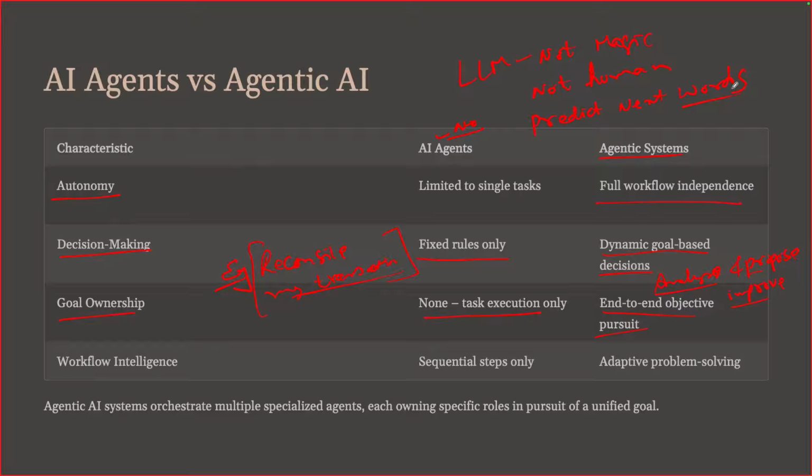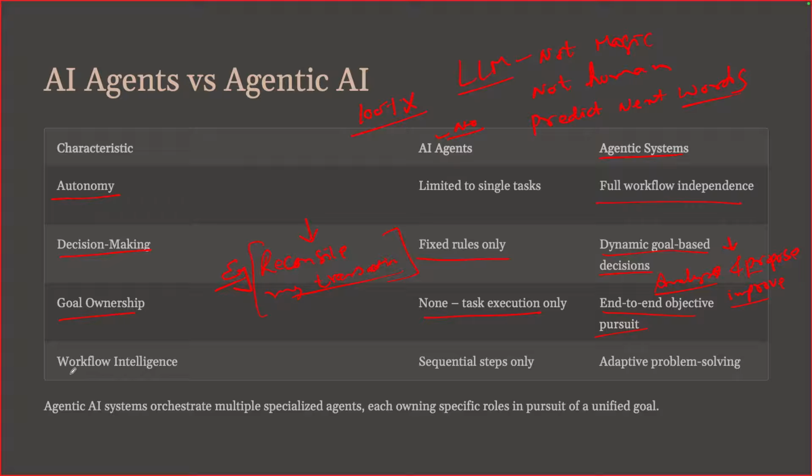That's the only thing. As it's a predictive model, none of the predictions can be 100% correct. Take any prediction, there is a good possibility that it might go wrong. In your AI agents, if it goes wrong, it is wrong. It will give the wrong output. However, in the agentic system, when it goes wrong, it checks again whether my output is correct or not. It reiterates the loop to fix that particular error.